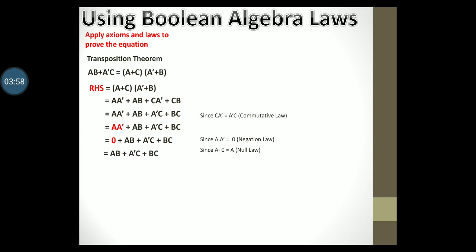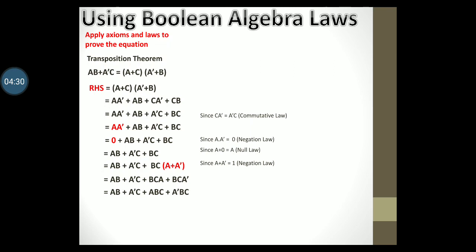Now, to solve this equation, I will include a new term in the equation, A plus A bar. This can be done because A plus A bar is equal to 1 using the negation law, and also it does not change the logical value of the equation. Open out the brackets to get the following equation. Again, I will rearrange the terms to follow alphabetic order by using the commutative law.